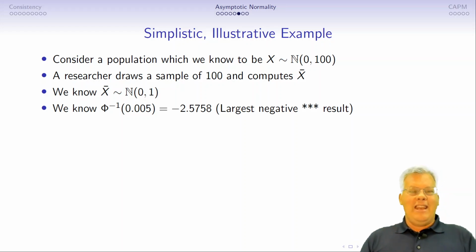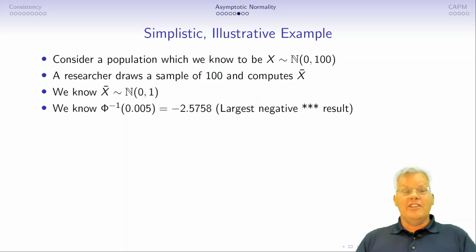So that is sigma inverse of 0.005. That is the number of standard deviations I have to move left of the mean to capture an area of 0.005 in the left-hand tail. Now, we know that for a normally distributed random variable, this value is minus 2.5758. We know this from theory.